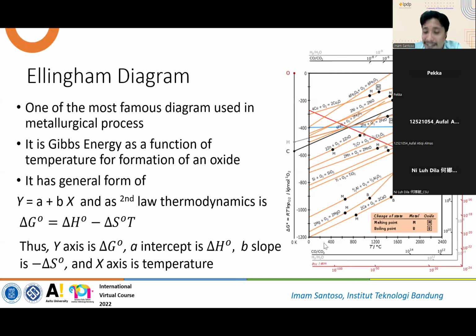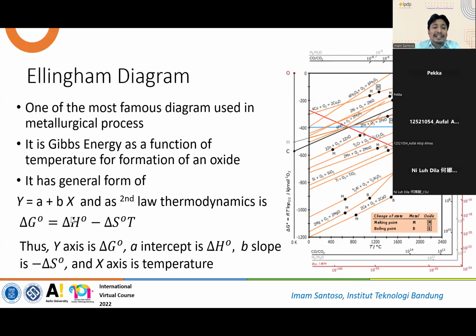So again, the x-axis is temperature, the vertical axis is the Gibbs energy, and this is the Gibbs energy of formation of an oxide from 1 mole of oxygen and a metal. Basically, you can see it is a straight line, so it is linear. The basic form of a linear equation is y equals a plus bx.